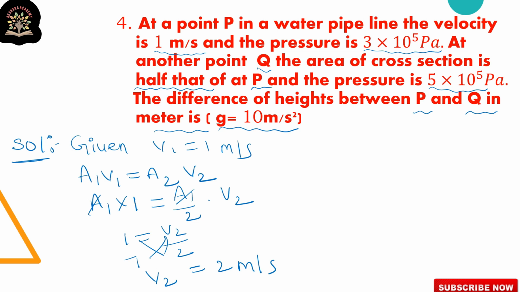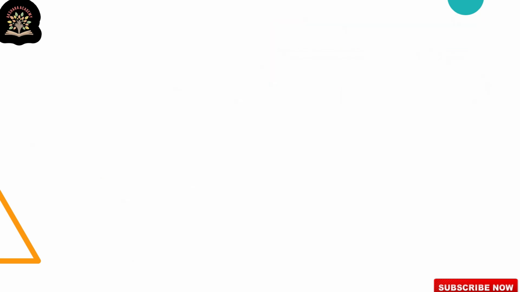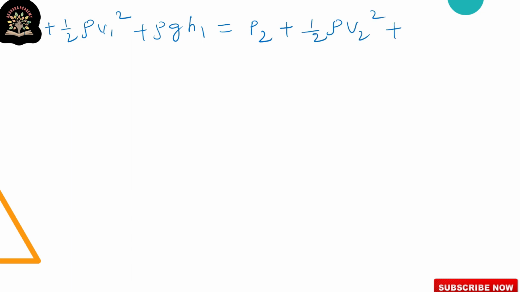Now next, according to Bernoulli's theorem, P1 plus half rho V1 square plus rho g h1 is equal to P2 plus half rho V2 square plus rho g h2.